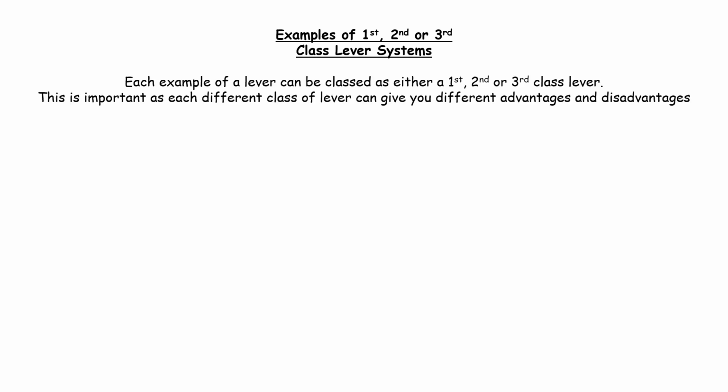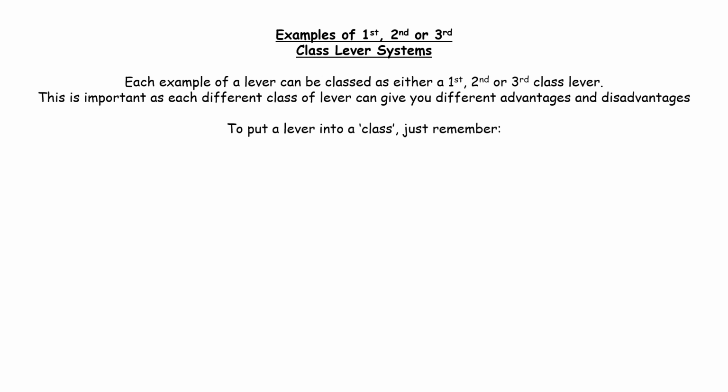Like I said, each lever system can be classed as a first, a second or a third class lever. Within sport, if you're doing a particular skill or action, the movement of the body, or a rowing oar, for example, will be moved by a lever, and that is the actual lever system. So it's important to know what class of lever system it is.